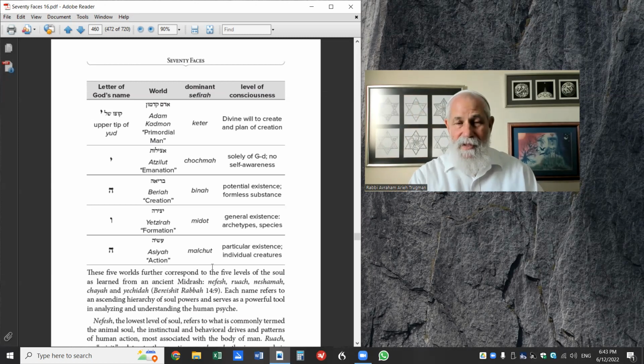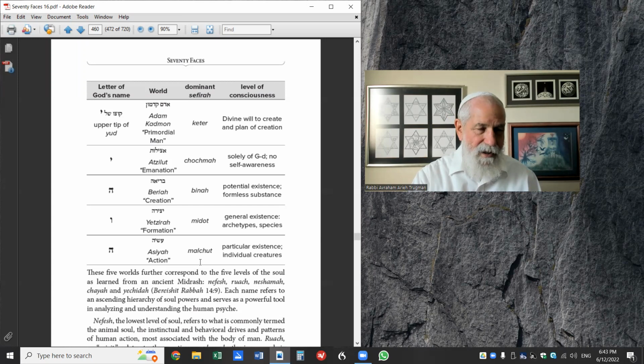And it's the same thing with the Sefirot. We're going from below to above. We're going from the behavioristic parts of a human psyche, and then we're going to the emotional, then to the intellectual, and then to the more spiritual and mystical. So this is a very important chart here.